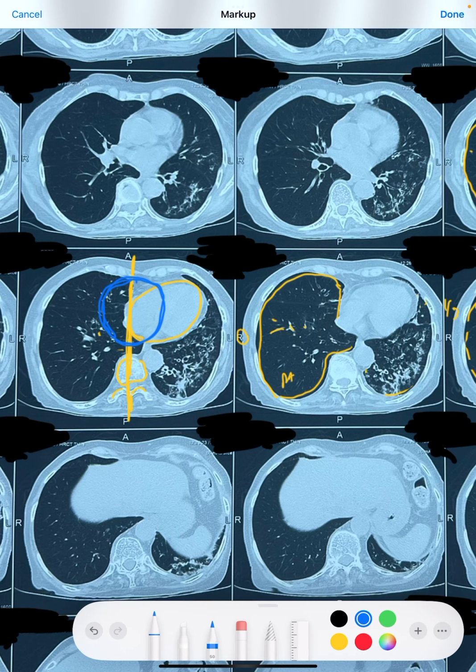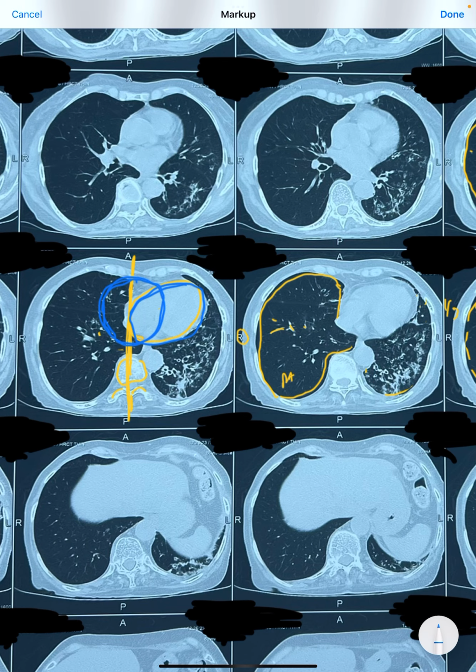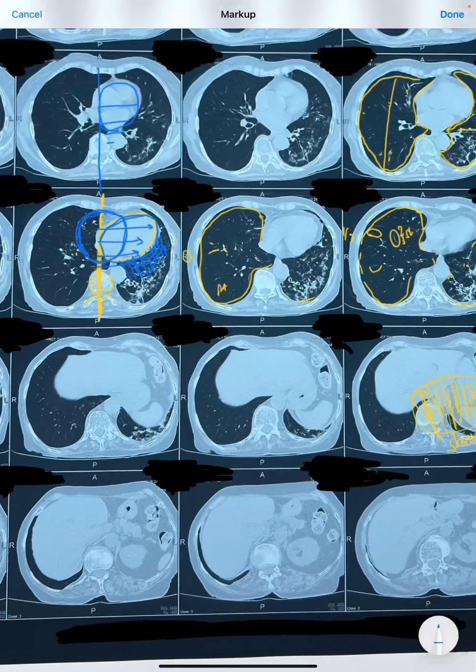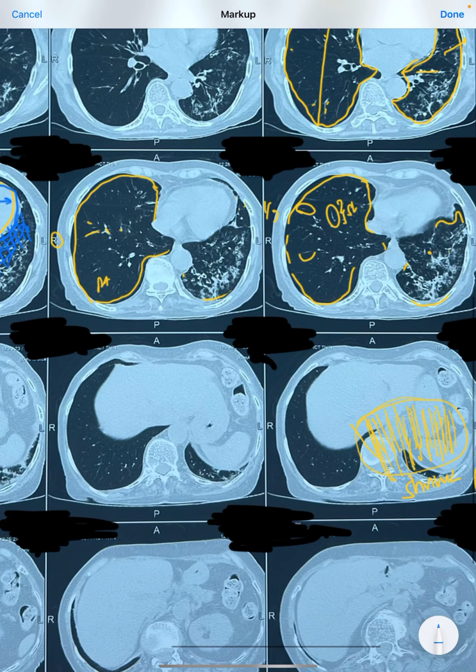But here the heart is completely shifted to the left side. That is because these fibrosis bands have pulled this entirely to the left side, and the same thing can be seen here. See, this mediastinum is completely shifted to the left side because of the fibrotic bands of the lungs.